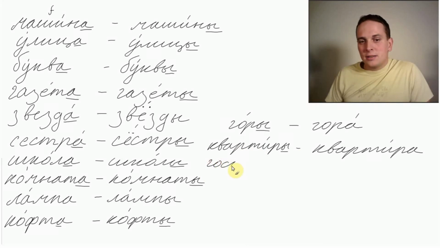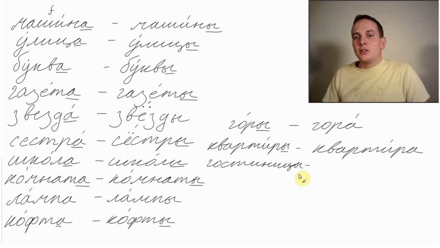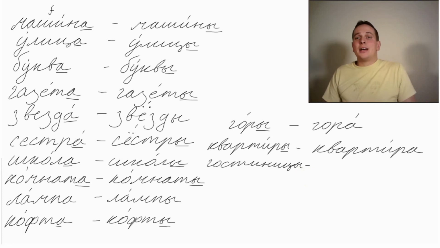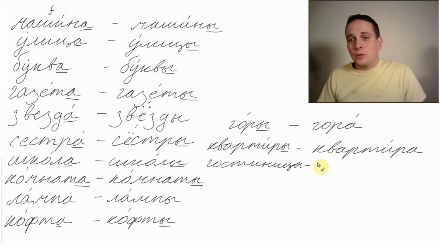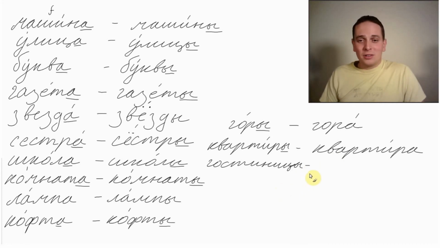Гостиницы. What would be the singular of гостиницы? First of all, because it ends in y, we cannot really recognize the gender of гостиницы. At least you cannot. I know the gender of гостиницы. However, let's assume you know that гостиницы comes from a feminine word.